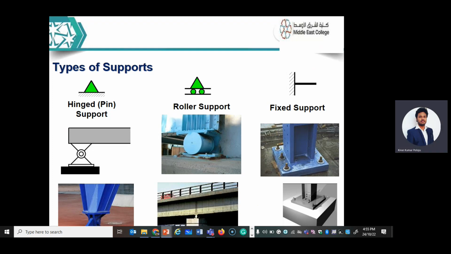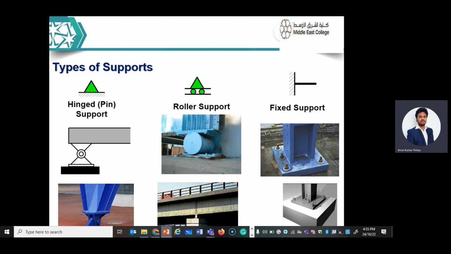So here you can see different types of supports. This is called hinge support or pin support. First thing you should know is that there are three types of supports. First one is hinge or pin, both are the same. Second one is fixed. And third one is roller. If this beam is fixed at one end or both ends, this support is called fixed support.